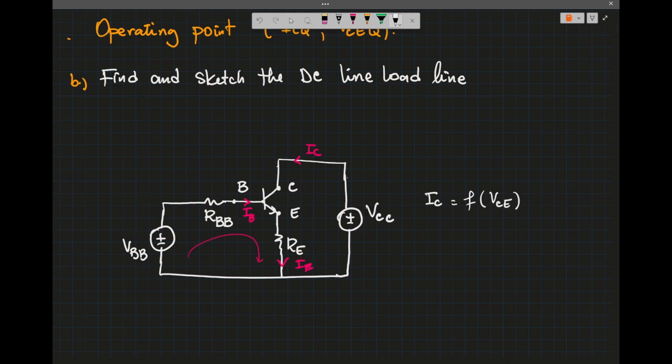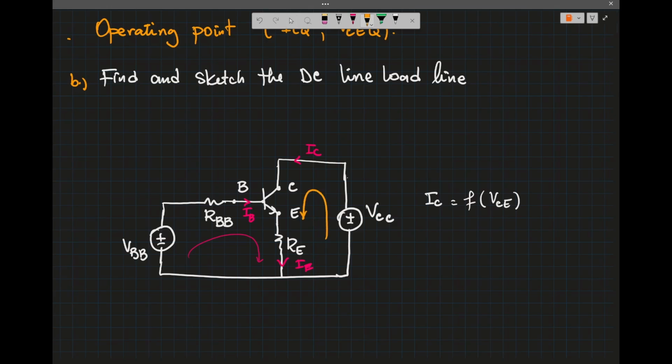To be able to do that, we have to write KVL that includes the collector emitter.